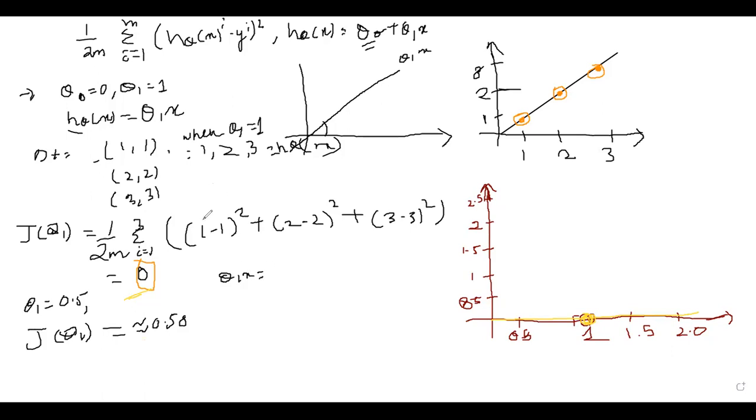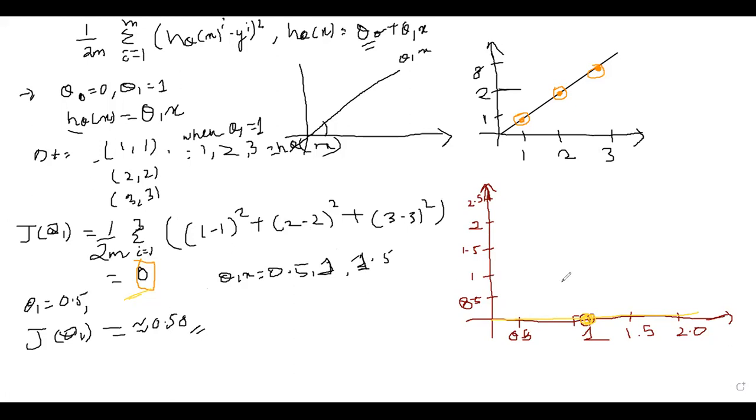For the first data point, 0.5 into 1 is 0.5. For the second data point, 0.5 into 2 is 1. For the third, it will be 1.5. These are my predicted points. Subtract them from the actual points and it will give you 0.58.